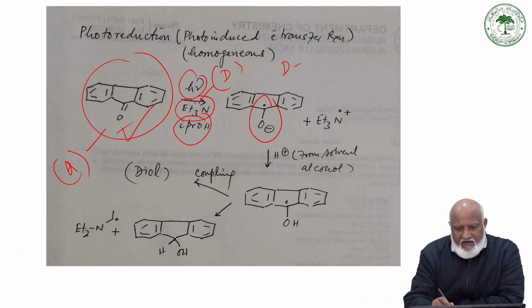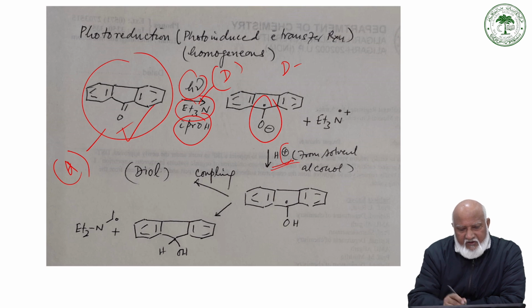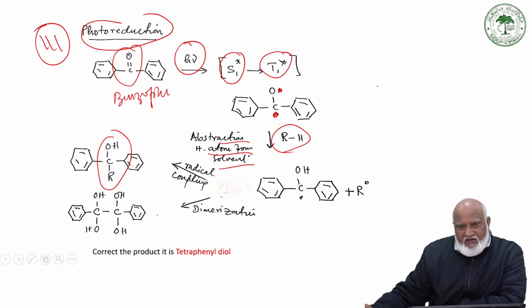This radical anion, the O minus, can abstract H plus from the solvent to give this. This may undergo radical coupling to give a diol, similar to what we have seen here.